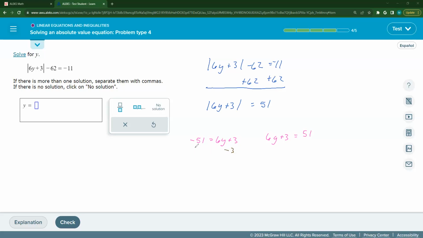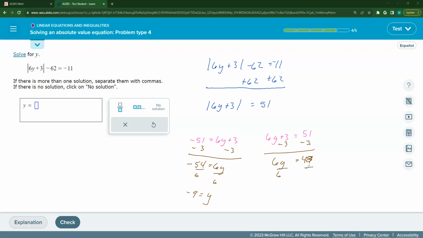Subtract 3 from both sides. I have negative 54 equals 6y, divided by 6. I have y equals negative 9. And for this one, subtract 3. 6y equals 48.